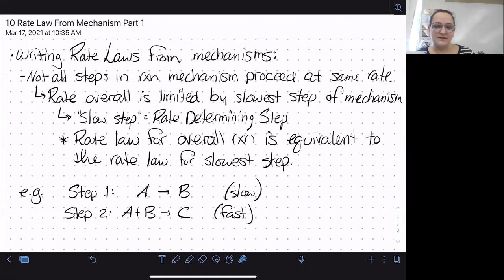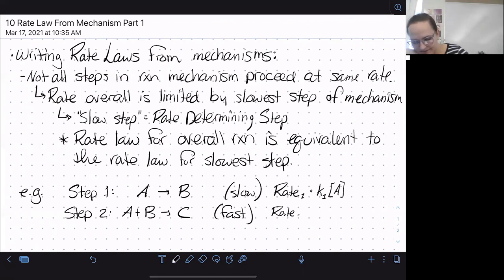Each step in a mechanism is elementary, which means that we can write the rate law for that step. So the rate for step 1 is going to be equal to the rate constant for step 1 times the concentration of A, first order, since we just have one molecule of A, a unimolecular step.